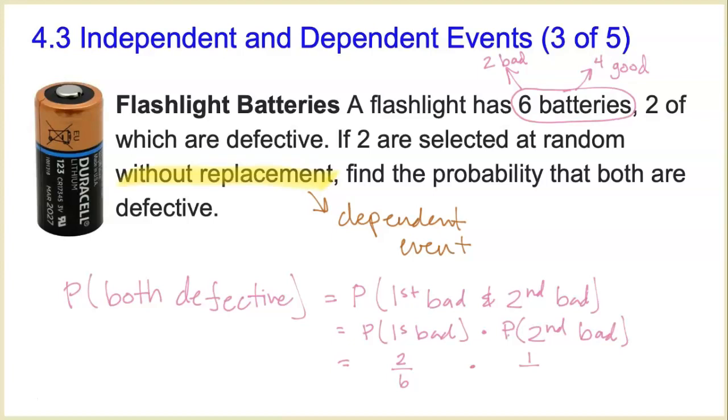And so that means that the second time that we get one, we no longer have 2 bad batteries because we never placed the first one back. Now we only have 1 bad battery out of the 5. And so that will give us a probability of 1 in 15, which is 0.06 repeating, which is again a very unlikely event to occur.